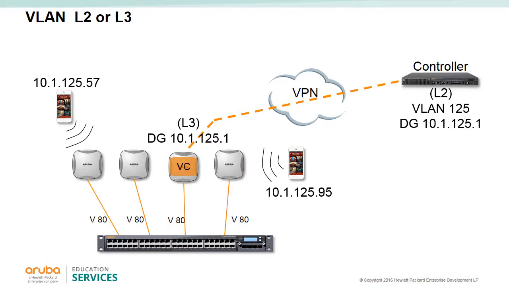The switch ports, where the IAPs are physically connected, must also be configured with VLAN 125. Regardless of whether you are setting up distributed or centralized L3, or even distributed or centralized L2, or not setting up VPN at all, this holds true.